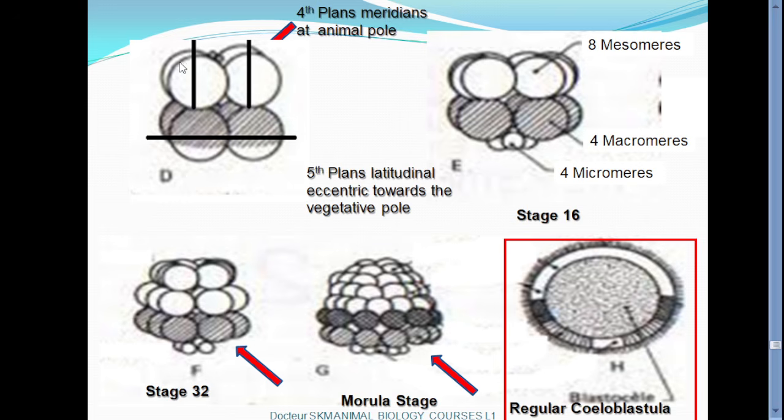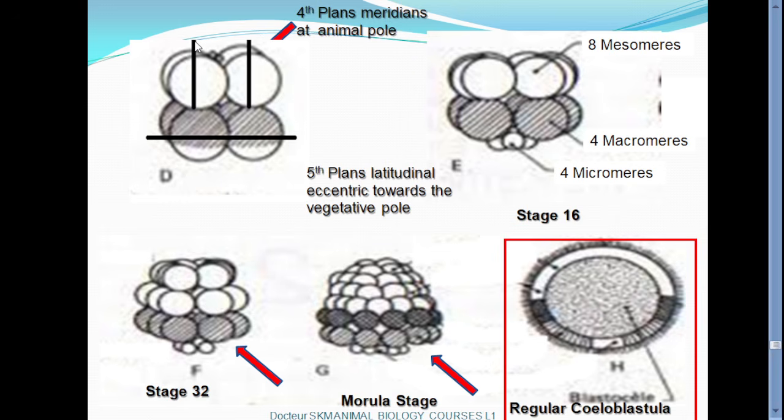In the animal pole we have 8 blastomeres, so each blastomere will divide according to a meridian plane.